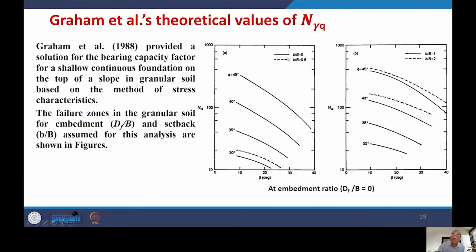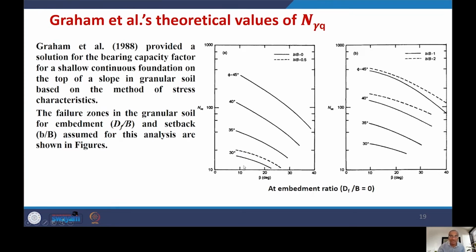As the value of b/B increases, the bearing capacity factor also increases. These curves are for different values of phi. One can see that as the value of phi increases, 40 degrees being the maximum here, the factor increases.